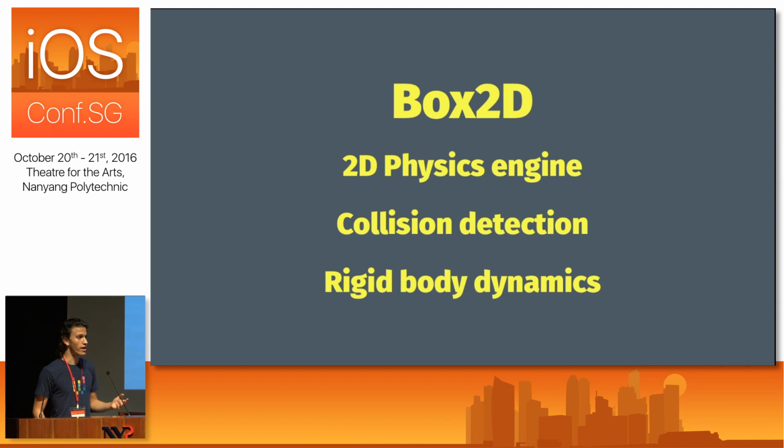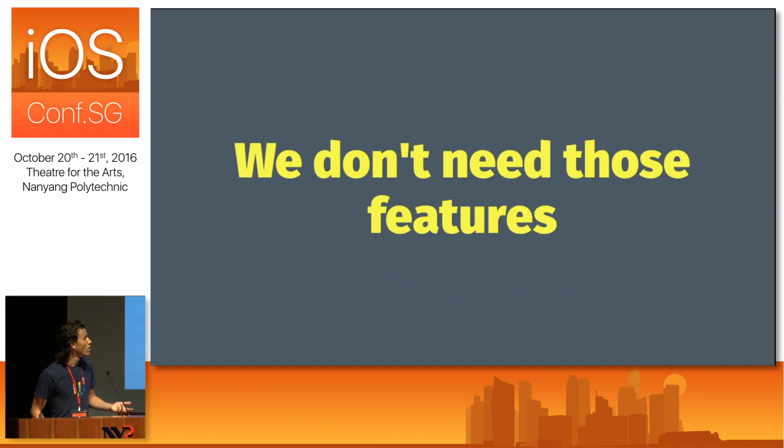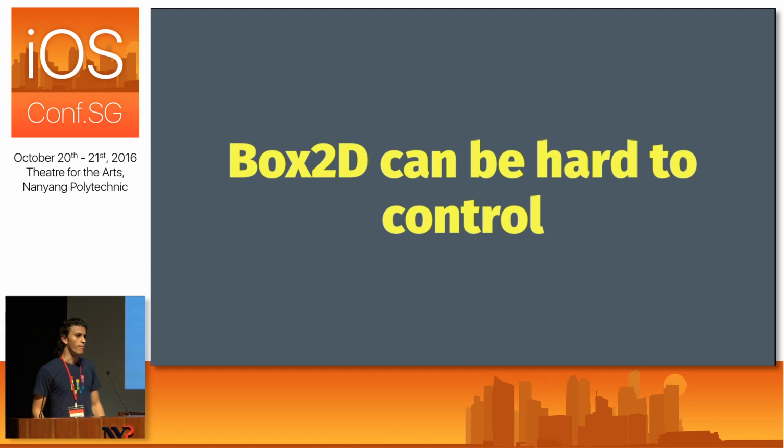And it can actually make it hard to customize and control in addition. Because there's all these forces happening, if you actually want it to do something specific, if you've ever played with UIKit Dynamics and you want something to go from here to there and stay there and then swing around in a certain way, sometimes it's actually hard to get this to happen. So what are the alternatives?